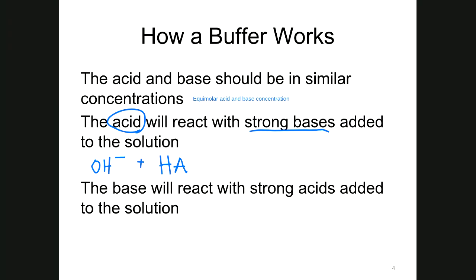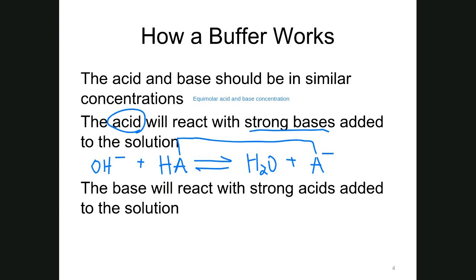And so when this acid and base react, we're going to make H2O, because the H from the acid moves over to the hydroxide to neutralize it, plus A minus. And so here is our conjugate acid-base pair that we said is present in every buffer.